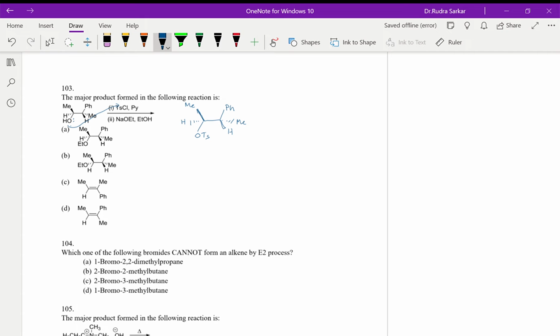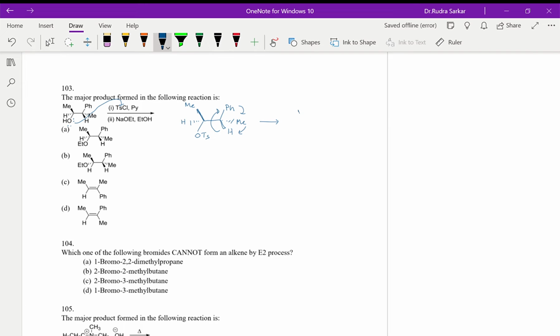Now the next reagent, NaOEt, is indicating that the reaction will follow an elimination type of mechanism. For that, we have to switch the positions of the groups over here. So we'll keep the hydrogen in an anti-position to the OTs.